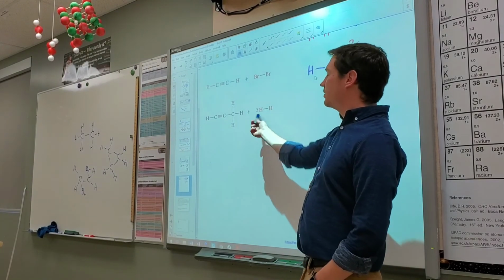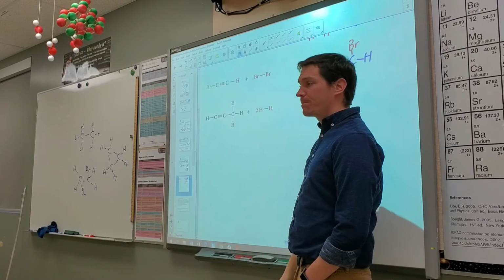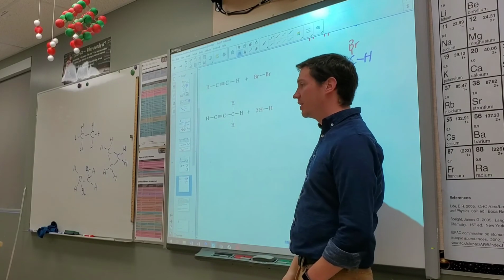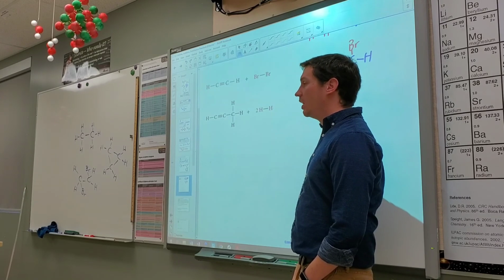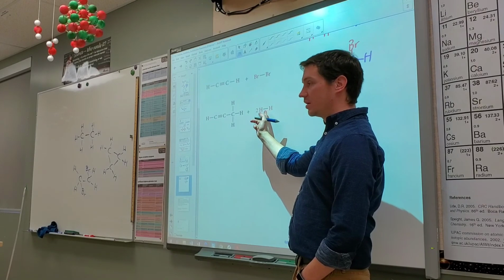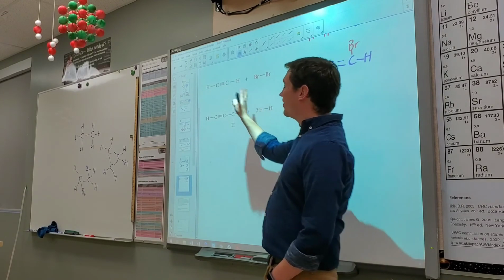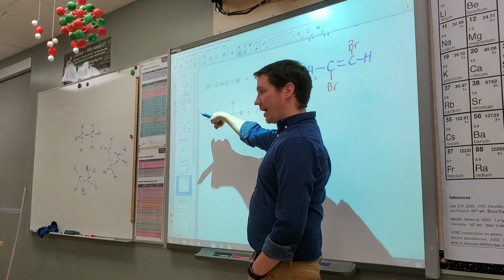This is confusing me. Can somebody describe for me what's going on here? Max, thanks for putting up your hand. I think that there's just two hydrogens, so it wouldn't be any different. There's two hydrogen molecules. So we're going to add the hydrogen once, and then we're going to add the hydrogen again.